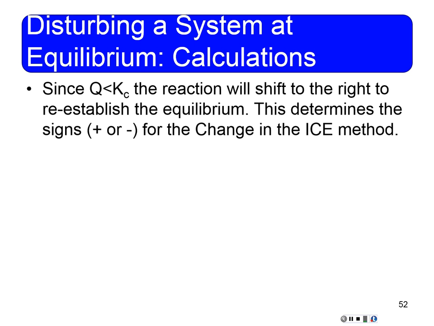You're forming positive products, and you'll see why I put positive there in a second. This determines the sign, positive or negative, for what we're about to do, the change in the ICE method.